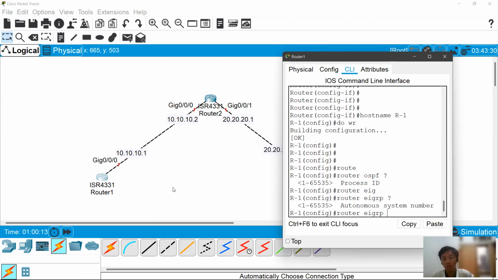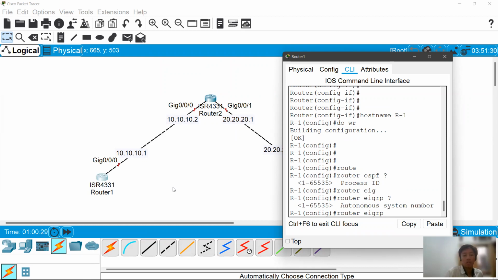But in EIGRP, because it uses an autonomous system number, routers must have the same autonomous system number.